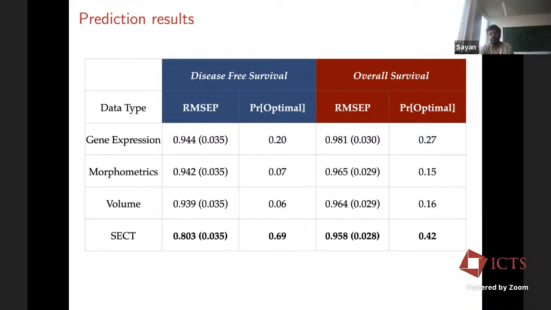So what's interesting is these topological features gave us the best results 70% of the time, and they had the lowest root mean squared error. What else is interesting is there's a difference between disease-free survival and overall survival. And we suspect there are good reasons for this. And this is something, again, we can talk about when we get to the discussion.